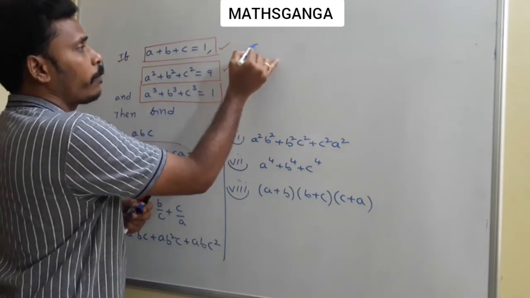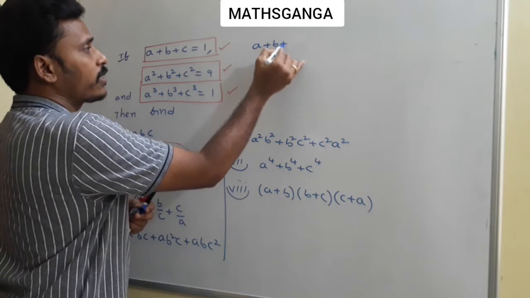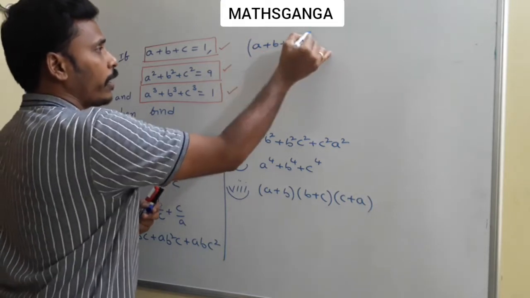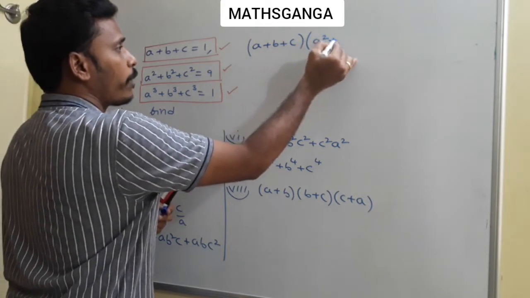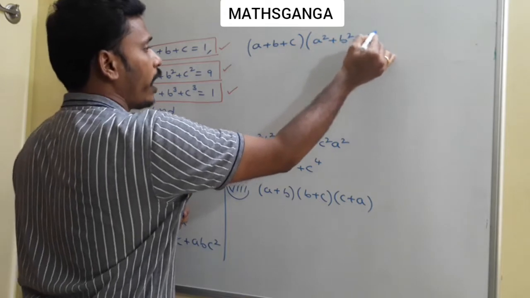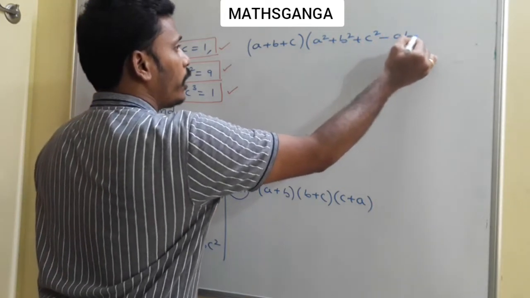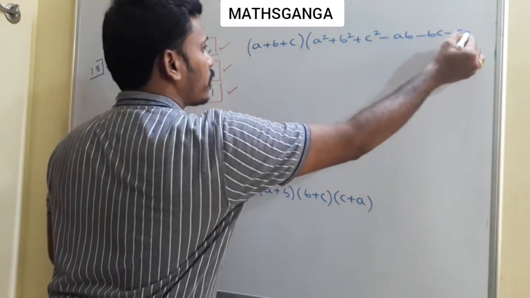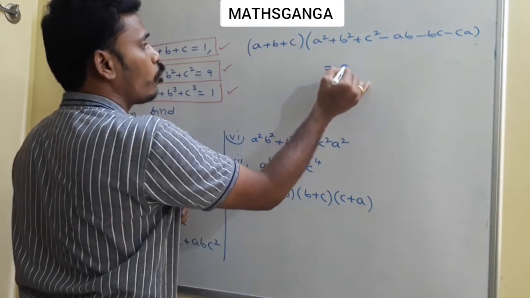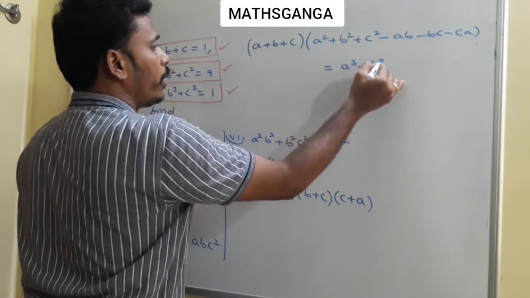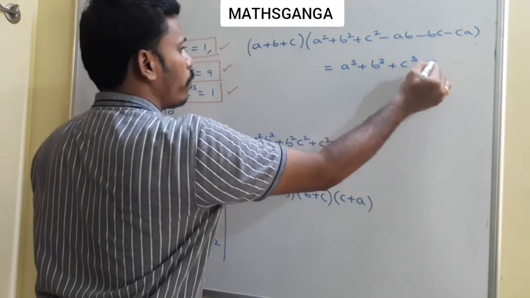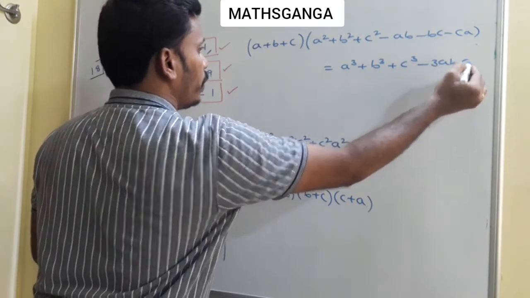We mentioned in the last class: a plus b plus c into a square plus b square plus c square minus ab minus bc minus ca is equal to a cube plus b cube plus c cube minus 3abc.